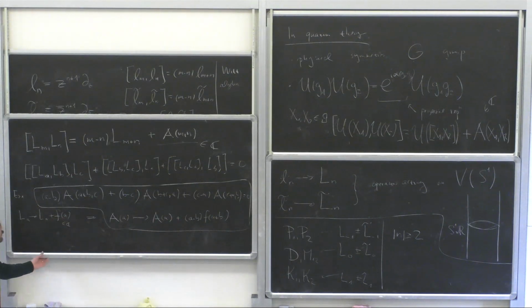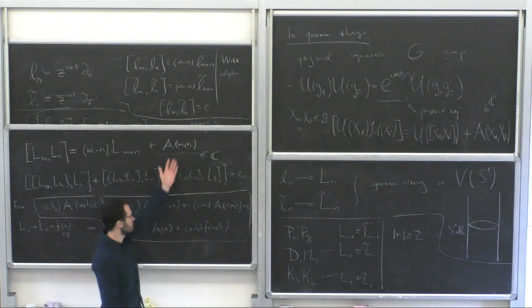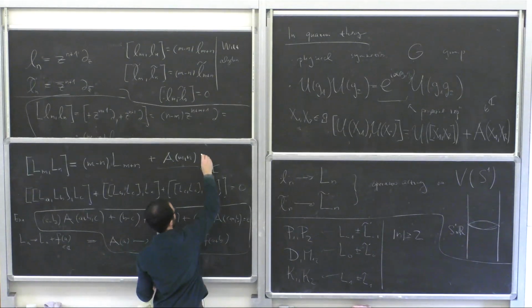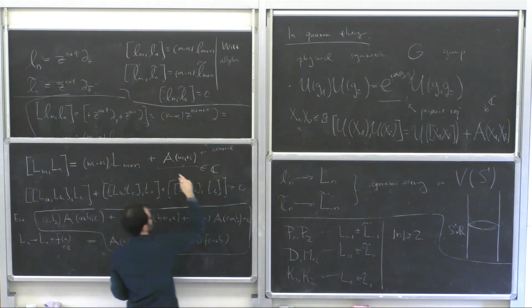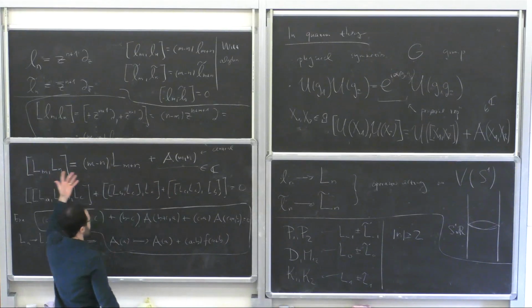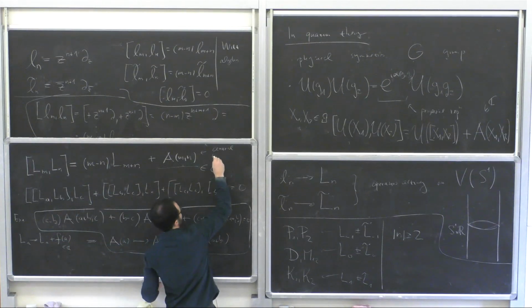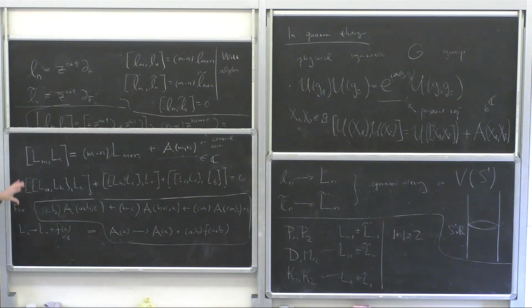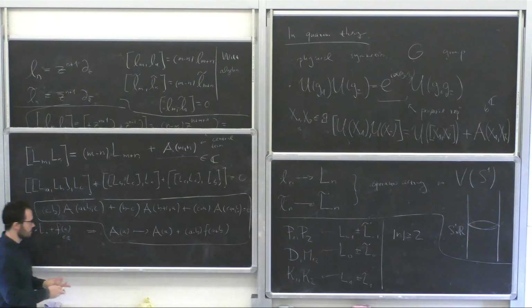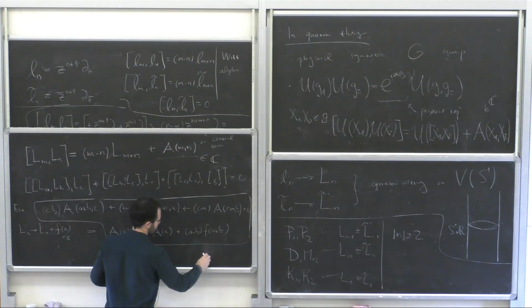So the most general term here is called a central term. It's central because it's just a number, so it commutes with all of the generators. And the most general one, which is consistent with the algebra, is one which satisfies this property. But we are allowed to switch the gauge in this way for any f.